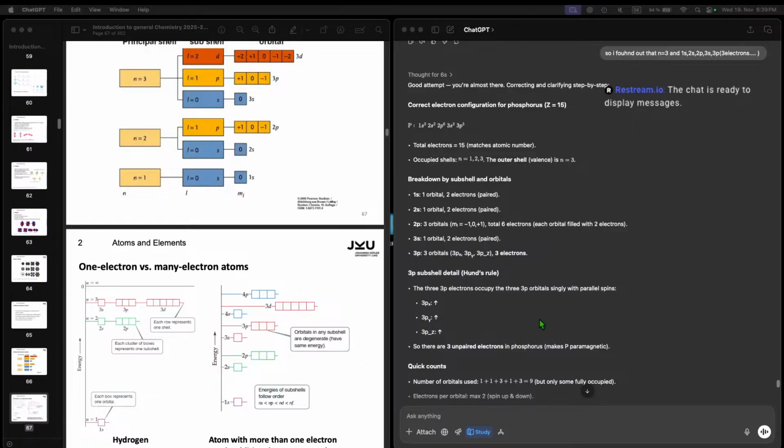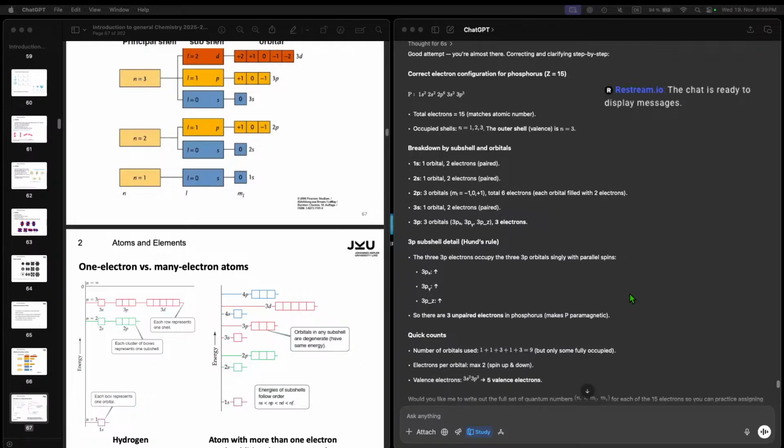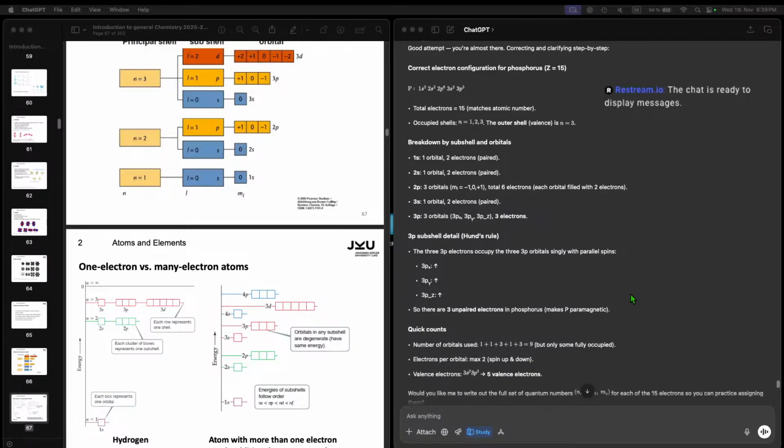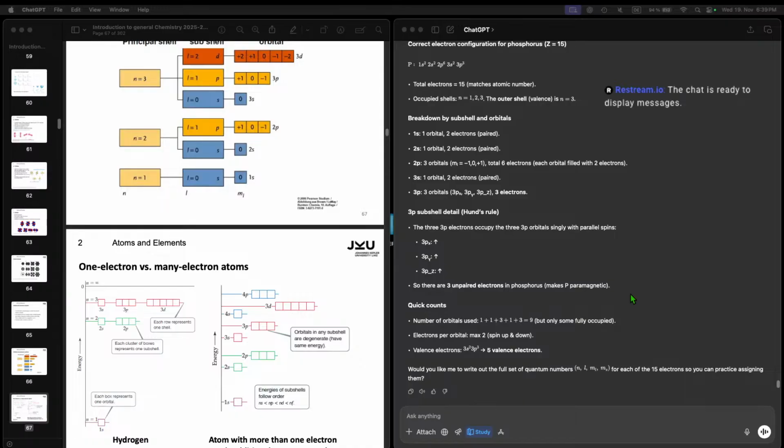So there are three unpaired electrons in phosphorus, making it paramagnetic. Quick counts. Why? Oh, okay.